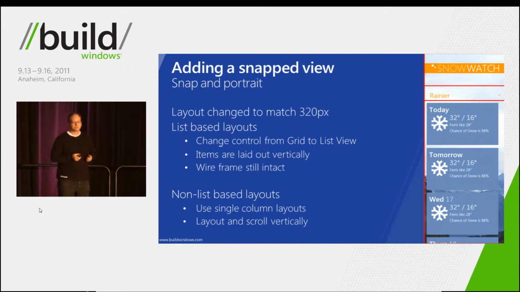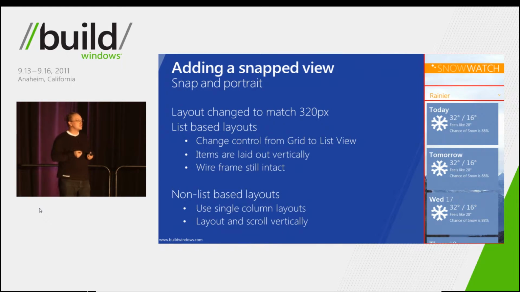If you have a list-based application, as I mentioned previously, most likely you can keep your wireframe intact. Just change it to a single column, switch the list view control from a grid view to a list view, and the list view will automatically take care of switching from the horizontal scrolling and panning direction to the vertical scrolling and panning direction. And it will start filling in items at whatever height you have available.